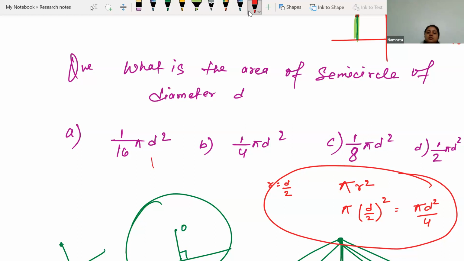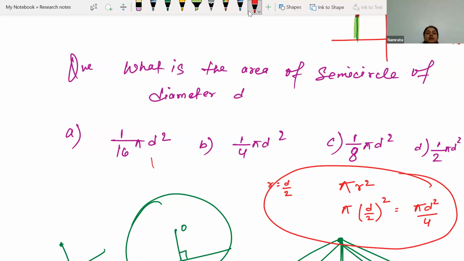A, B, C, D. Can you see? Is it option C? Yes, it's option C, because once you divide pi d square by 4 by 2, it comes out as pi d square by 8.